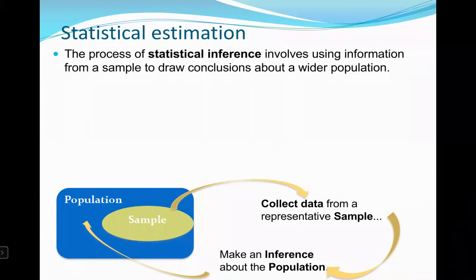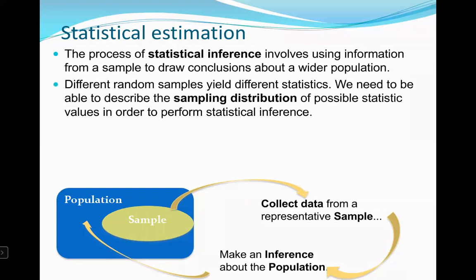So the sample is a subset from the population. We collect data from a representative sample, then we make an inference about the population. Different random samples yield different statistics. We need to be able to describe the sampling distribution of possible statistic values in order to perform statistical inference.